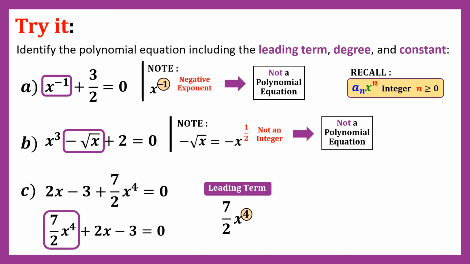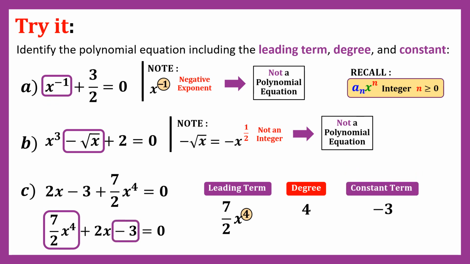The exponent of the leading term is the degree of this polynomial. Thus, 4 is the degree of this example, and -3 represents the constant term. This last example concludes our discussion on what is a polynomial equation.